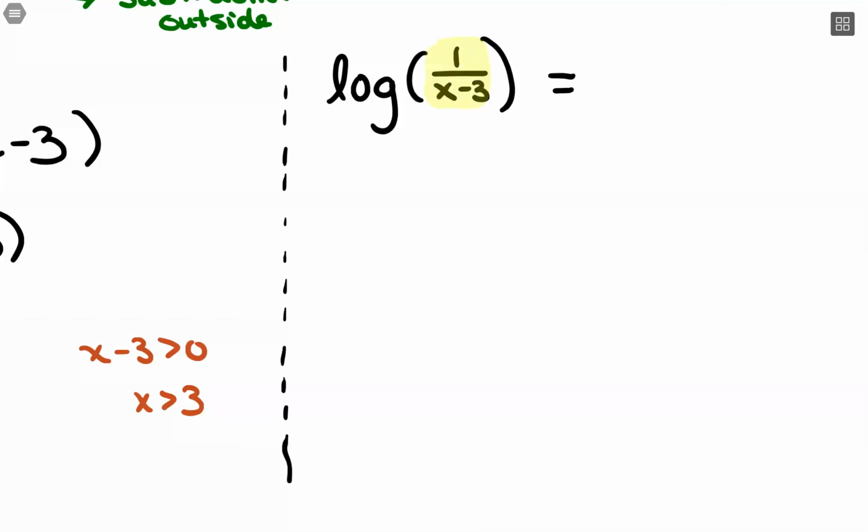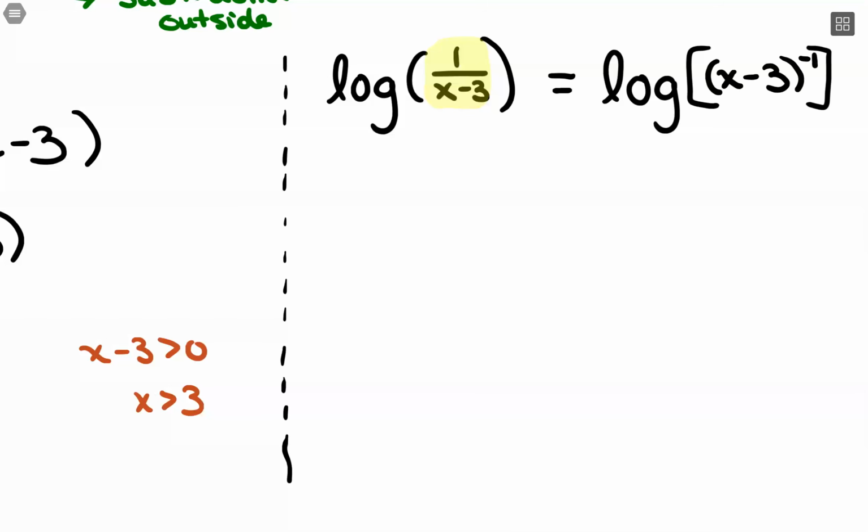I could have written that as the logarithm of, and then what I have here is this expression x minus 3 in the denominator with a numerator of 1. So how I could have written that is that expression x minus 3 raised to a power of negative 1.